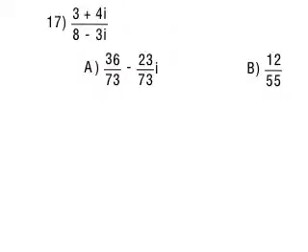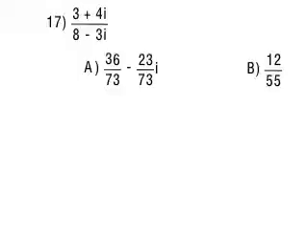Number 17. Here we have a couple of complex numbers, one dividing into the other. The way you do these divisions is you use something called the conjugate. The conjugate works just like the difference of two squares. You'll see it eliminates the middle term because one's positive, one's negative.